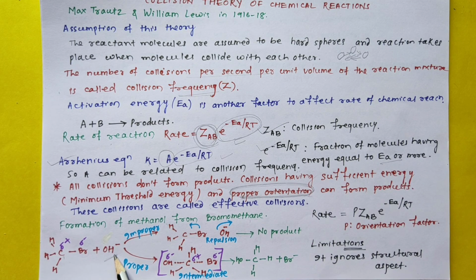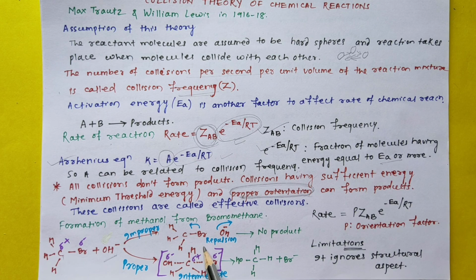This hydroxide ion will attack the carbon of bromomethane to form the substituted product, that is methanol. So let's see how improper orientation and proper orientation help in the formation of a product. You see, this is the improper orientation. This refers to the proper orientation.